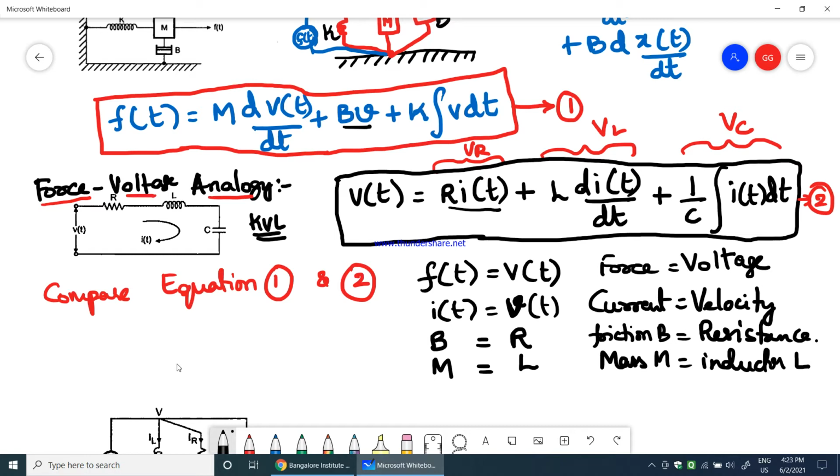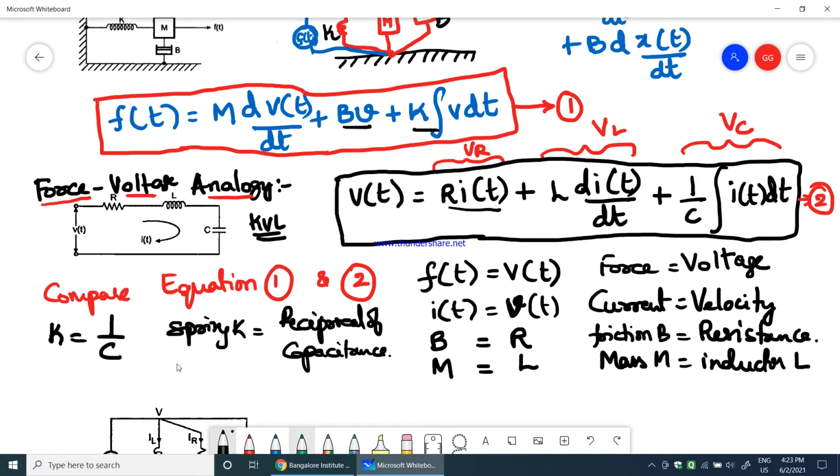I'll replace friction coefficient B with R, mass M with inductor L, velocity with current, force with voltage, and so on. Then finally, comparing the integration term, spring K equals 1 over C, because both are integration terms. So spring K equals the reciprocal of capacitance.